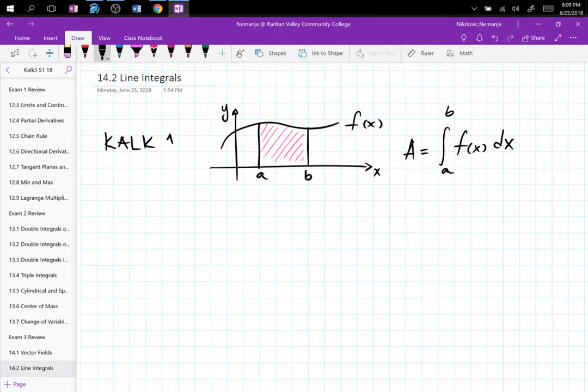What happens if I am to curve the function? It's still going to have the top be whatever the wavy function is, but I want the sides, the shaded region, the red region, to look like a curtain hanging off the wall. So how do you find the area of that curtain?